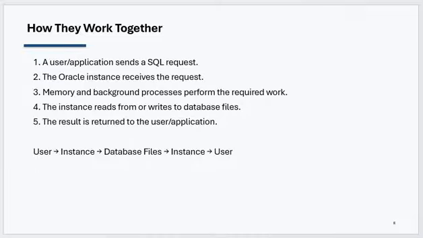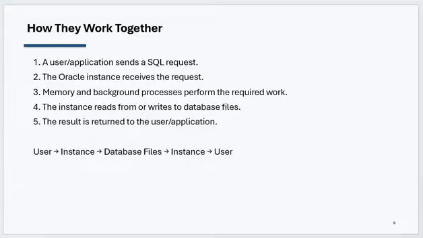If information needs to be read, Oracle may read it from the database files. The instance requests the database files and loads the data into memory. If the information needs to be changed, Oracle performs the required operation and eventually writes the necessary information back to the database files, which are physically located on the storage or disk. Then the result is returned to the application.